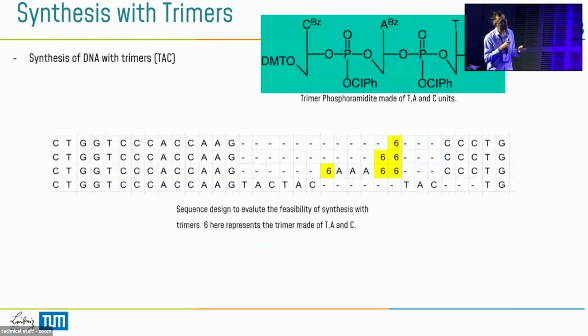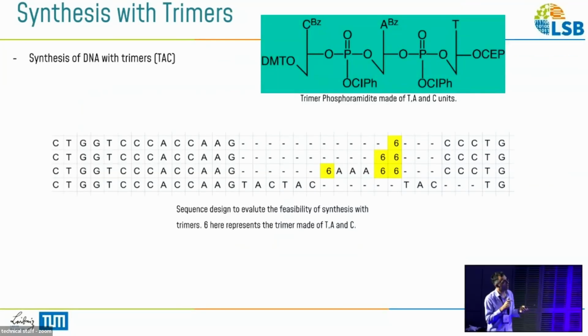The trimer that I used is this. It is one molecule, one unit, consisting of T, A, and C. So this is my sequence. As you see, all of the A, C, G, T are phosphoramidites that are unlocked by UV, but number 6 is the trimer.